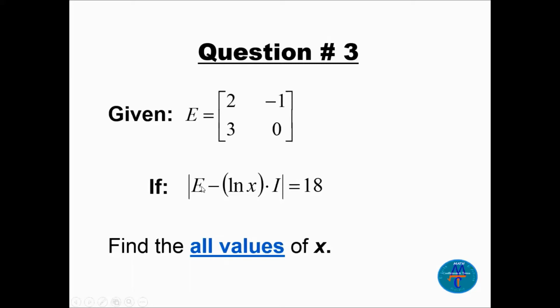So we have a subtraction here. This is E, and I is another matrix, 1, 0, 0, 1, the identity. Multiply that by this number, ln of x. Subtract, find the determinant, equals 18. Then find all values of x. Really interesting question.